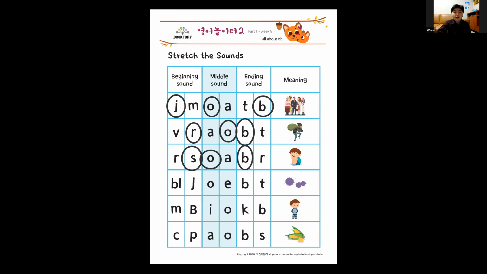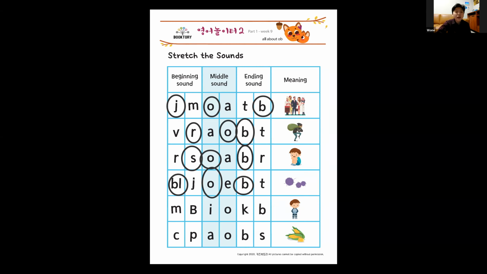The next one is blob. Bl, bl, bl, o, b, b, b. What's his name, everybody? Bob.